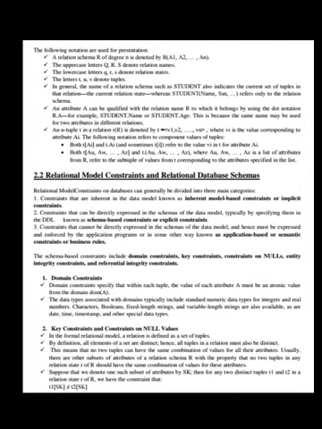Usually there are other subsets of attributes of a relation schema R with the property that no two tuples in any relation state r of R should have the same combination of values for these attributes. Suppose that we denote one such subset of attributes by SK; then for any two distinct tuples t1 and t2 in a relation state r of R, we have the constraint that t1[SK] is not equal to t2[SK].